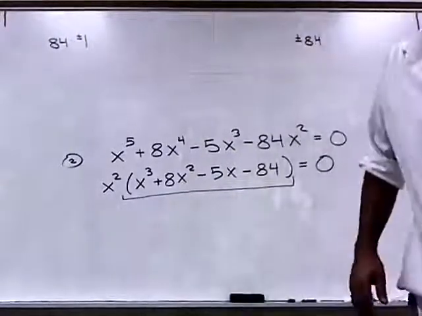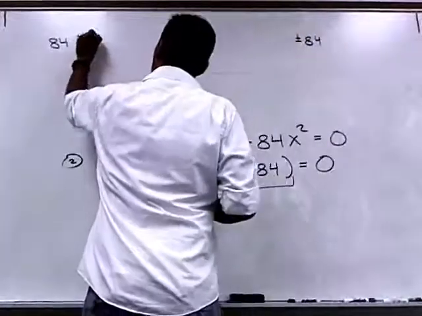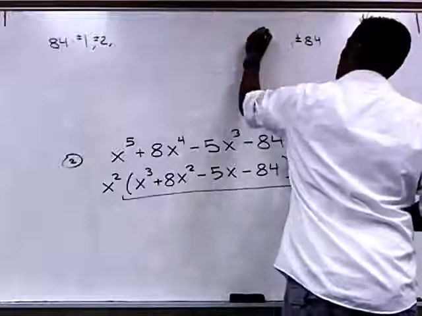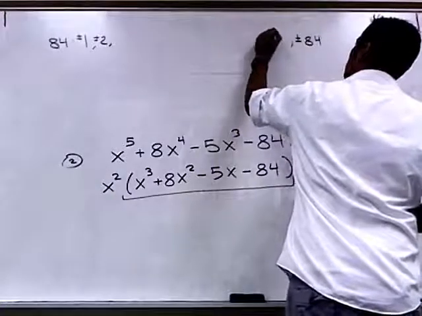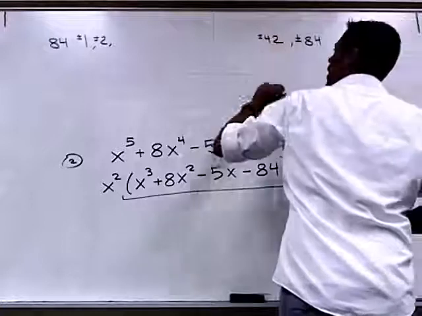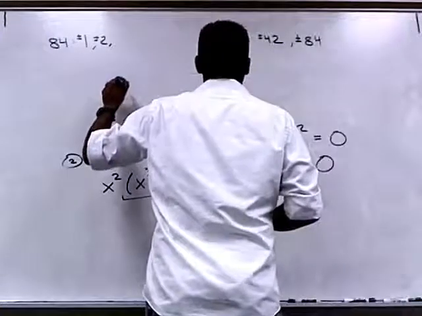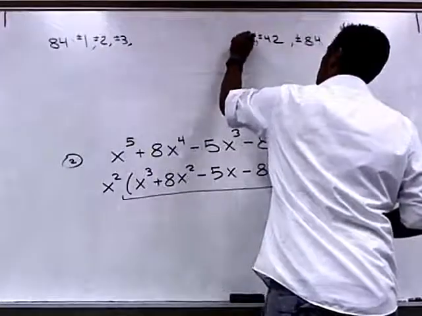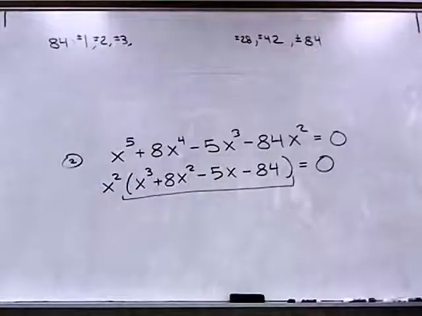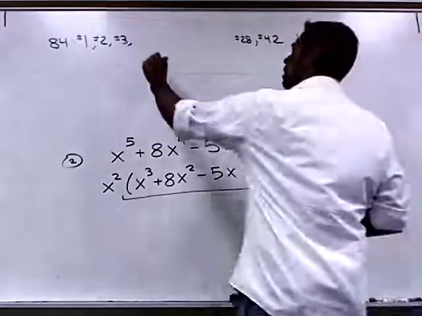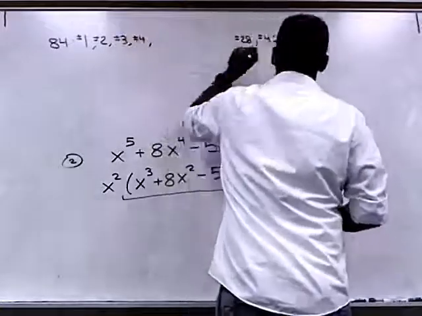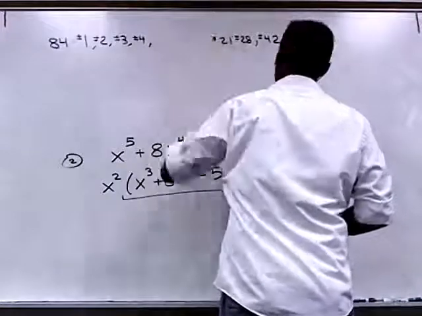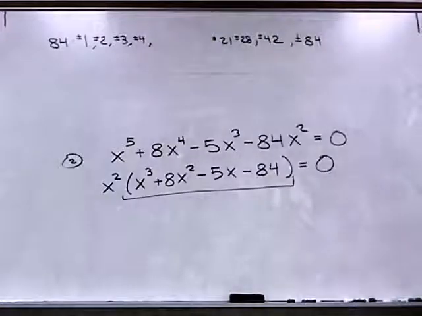Does 2 go into 84? So you might want to break out your calculator. 2 goes in there 42 times, right? Does 3 go in there? 3 goes in there 28 times? Is that right? Now what? 4? Does 4 go in there? 4 goes in there 21 times. 5? 6? 6.